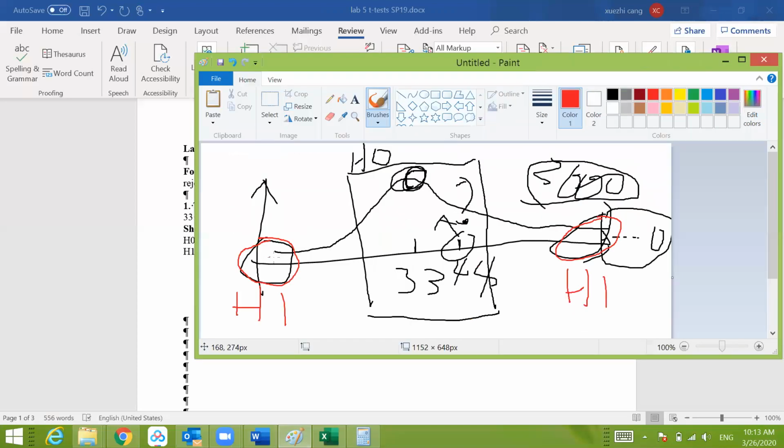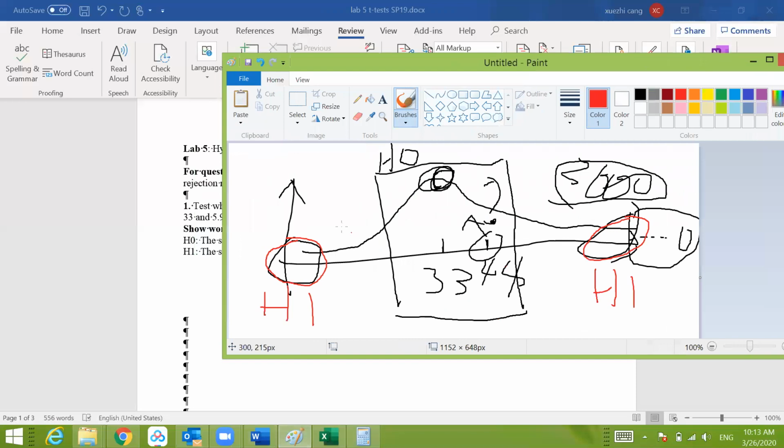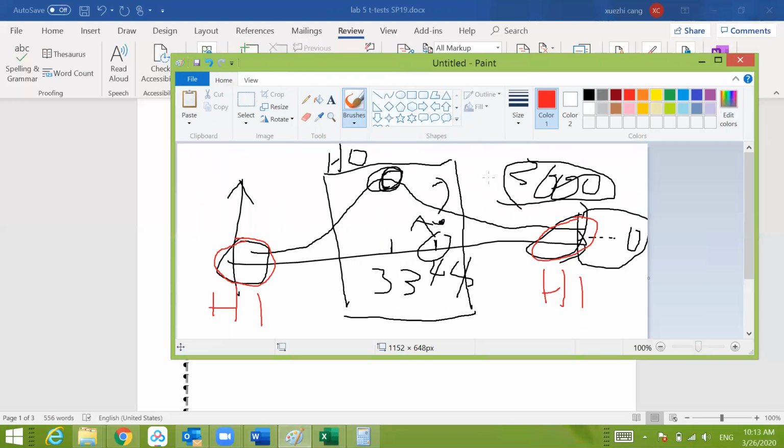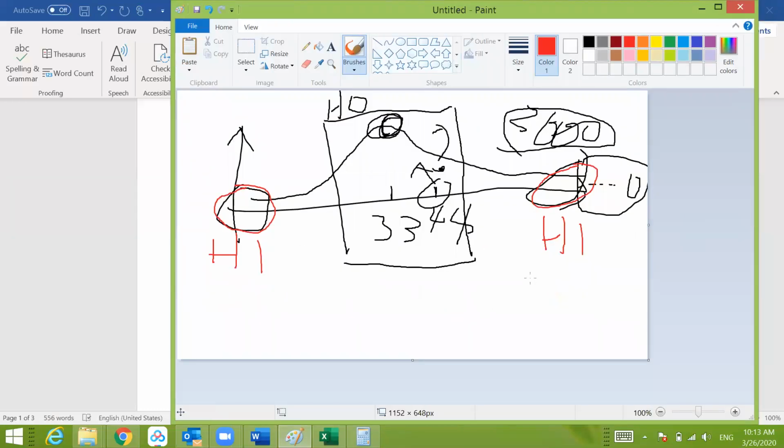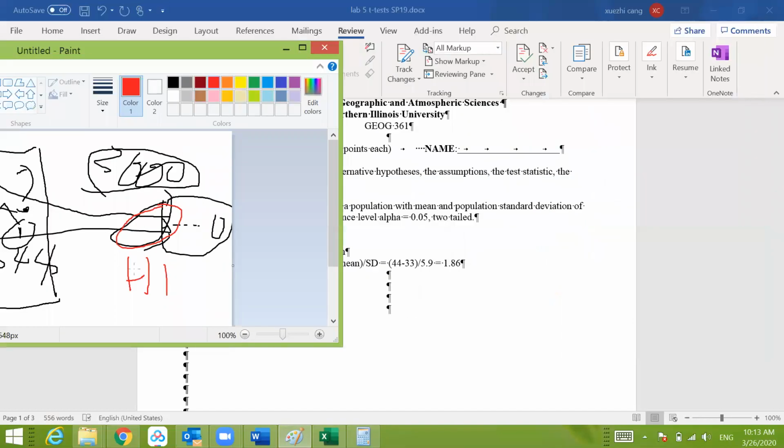It means the sum of the areas of these two circled parts is 0.05. Then each one equals 0.025.